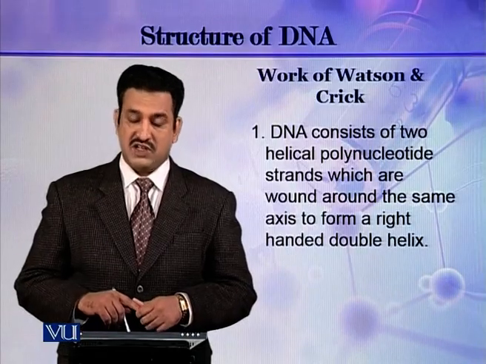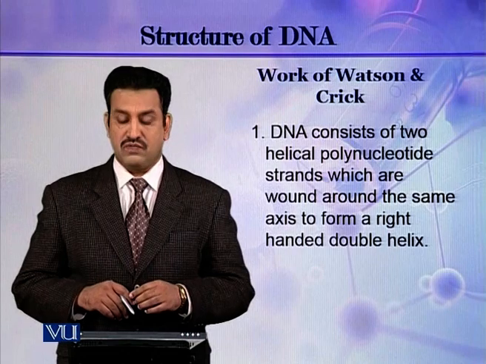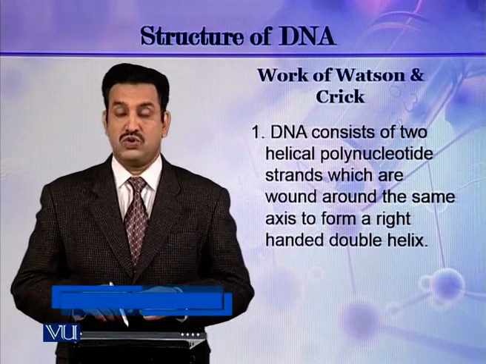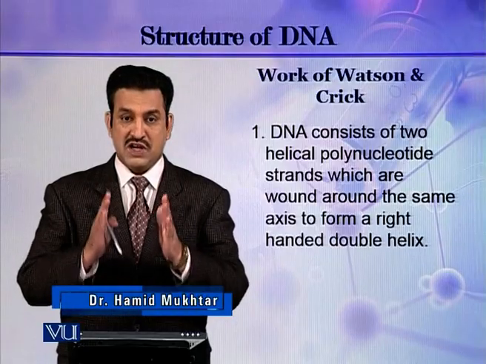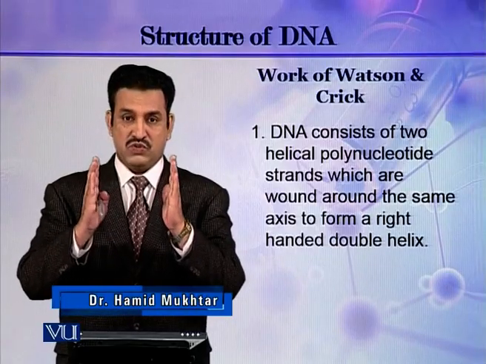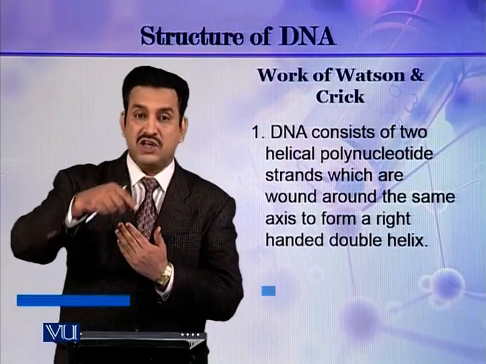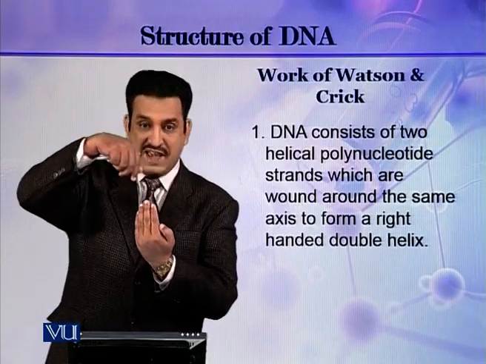So they described that DNA consists of two helical polynucleotide chains. These two polynucleotide chains are joined with each other, and then these chains are helically coiled around an axis.